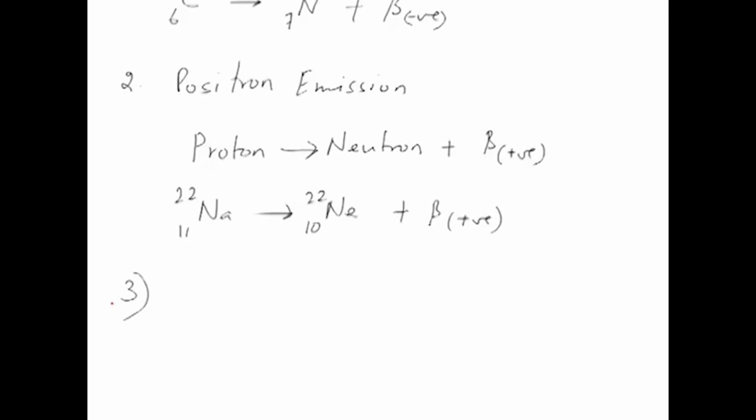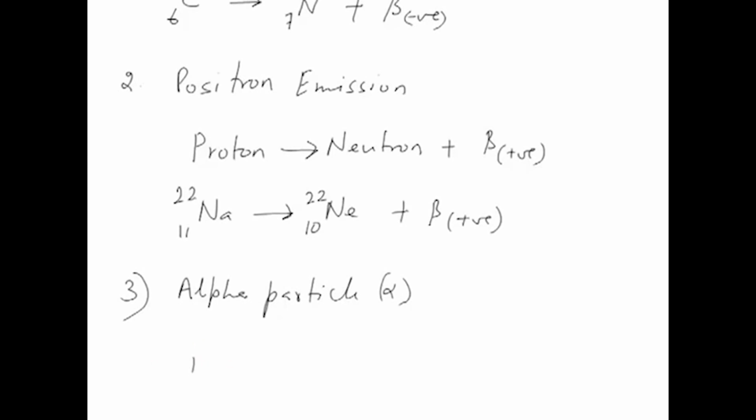Then the third one is decay by alpha particle emission. An alpha particle carries a particular weight; it is a helium nucleus with a doubly positive charge. So it is not as light as a beta particle, and here you change the atomic number by 2 and the mass number by 4.